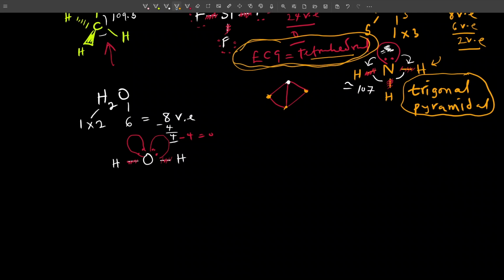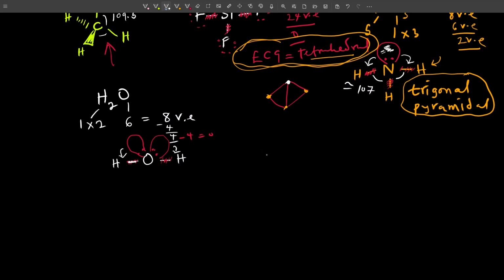But now, what's the geometry of the molecule? We ignore the lone pairs. But before we do that, I mentioned up here that electron clouds formed by non-bonded electrons show a greater force of repulsion, which means that these 2 electron clouds here will push this other electron cloud over here, push it further away from each other, thereby bending it, making it more bent than it is.